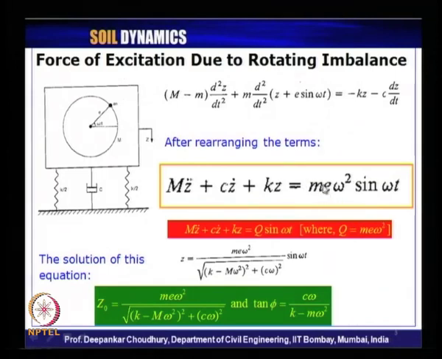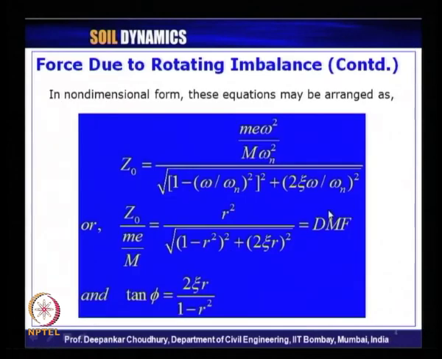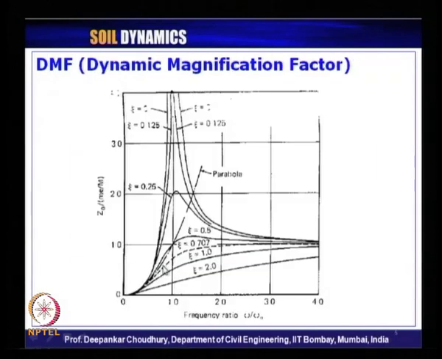That is mass of the rotating component times the eccentricity times the square of the exciting frequency is the amplitude of that exciting load. From which we have seen how we can express the dynamic magnification factor, and how it varies with respect to the frequency ratio.